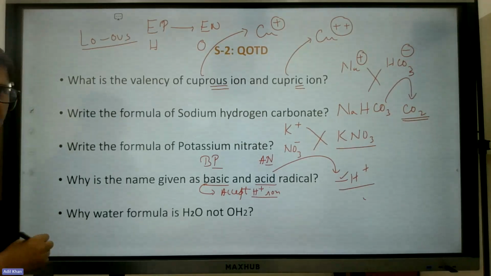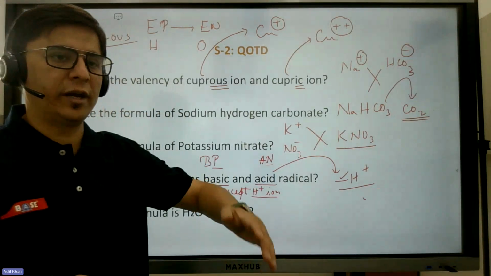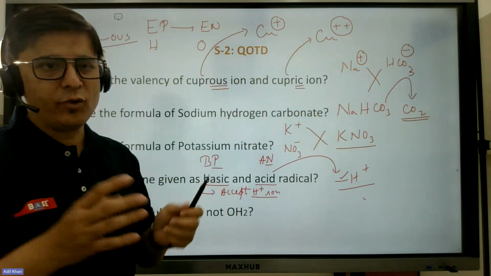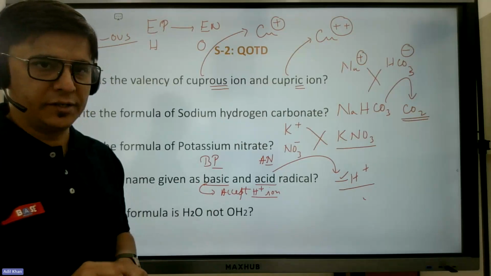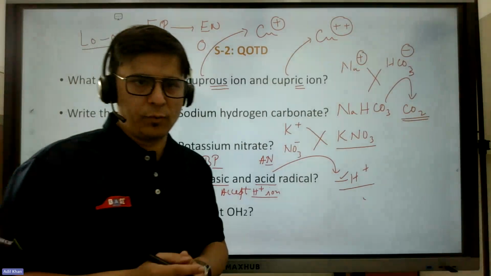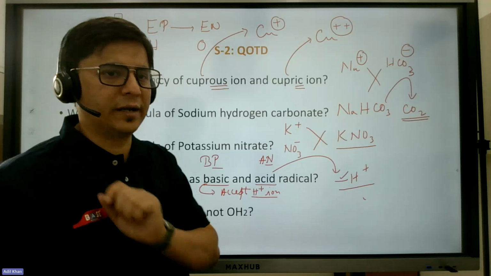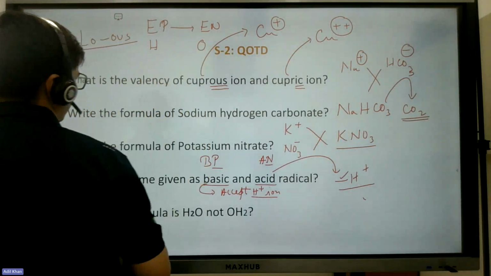What do you mean by hydrogen being electropositive? That it can lose electron easily. If you are electropositive, you can give out electron and become positively charged. If you are electronegative, you accept electron and become negatively charged. So while writing any formula, we always write positive first, followed by the negative. That's why we write hydrogen first, followed by oxygen.